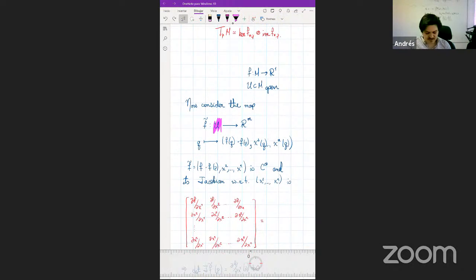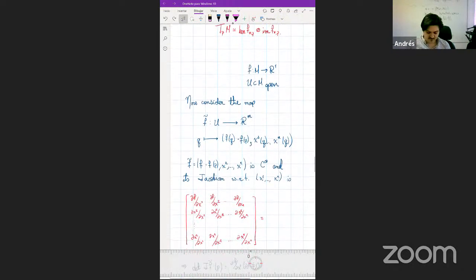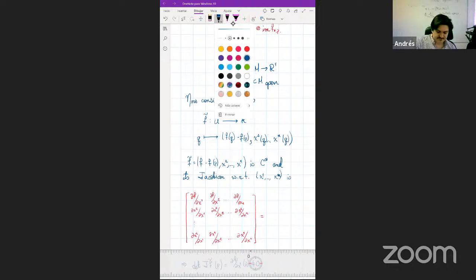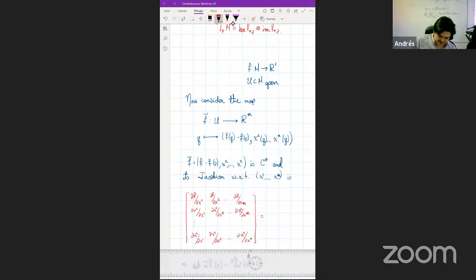If you take the Jacobian of this map with respect to the chart x1 up to xn, what can you tell me about it? The first entry, or even the first row, you cannot say very much. But you can tell me about the rest.